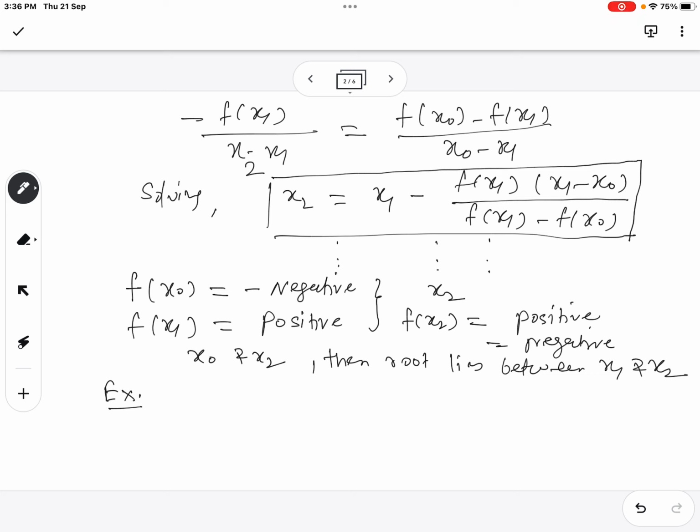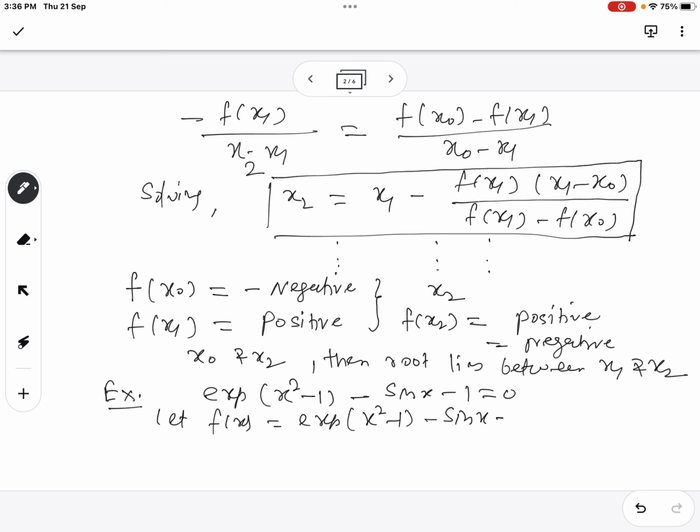So the example is that we have to find the real root of the equation e to the power x squared minus 1, minus sin x, minus 1 equal to 0. Let f be equal to e to the power x squared minus 1, minus sin x, minus 1.